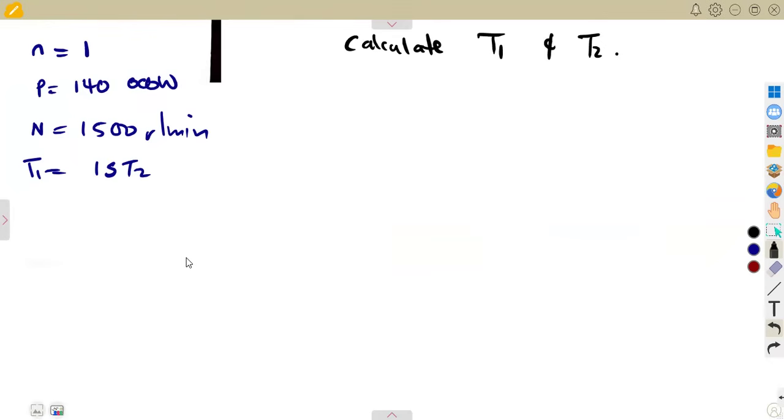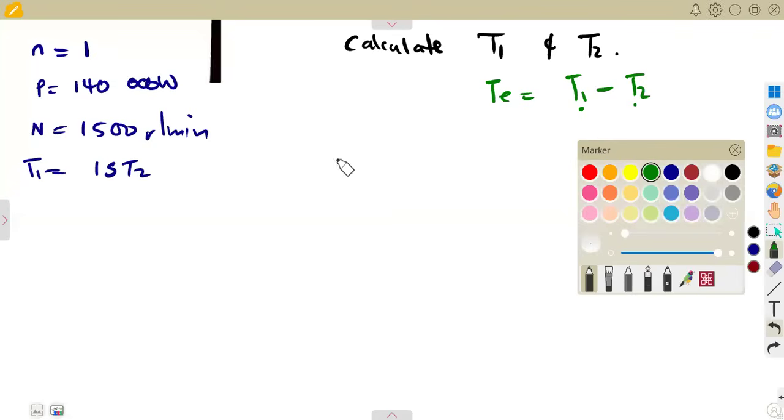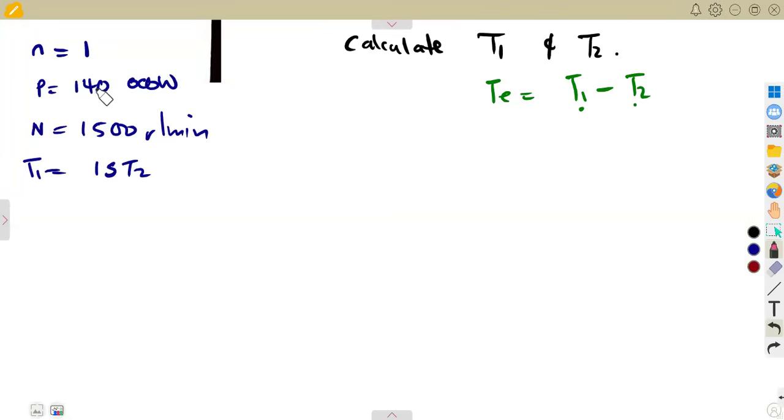We are given power, and this is a V belt. So we can think of the effective tension, because the effective tension is the difference between T1 and T2. If we have the effective tension, at least we can think of calculating T1 and T2. Let's just consider our steps. The power is given, and if you're given the number of V belts, it's going to be the effective tension times the velocity times the number of V belts.